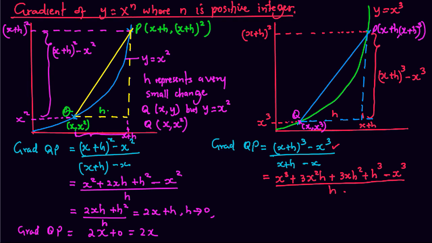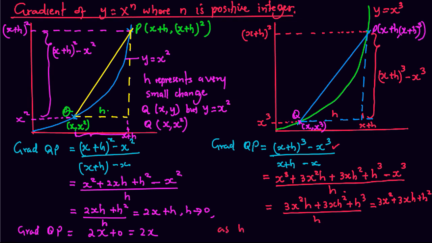Collecting like terms, we get 3x squared h plus 3x h squared plus h cubed divided by h, which simplifies to 3x squared plus 3xh plus h squared.